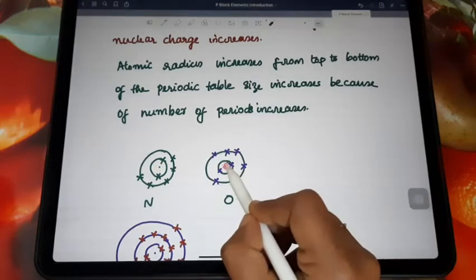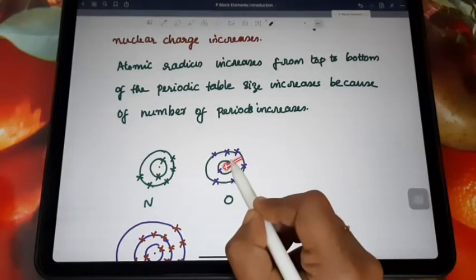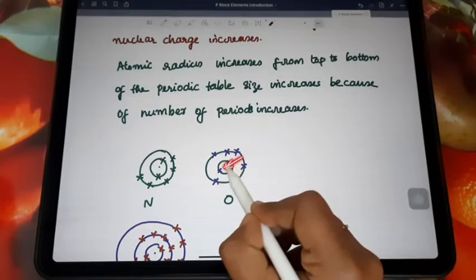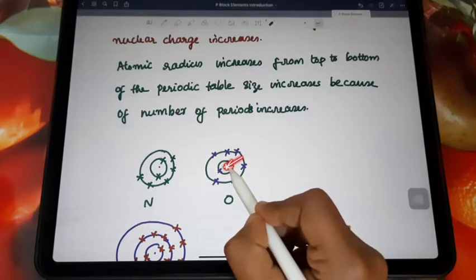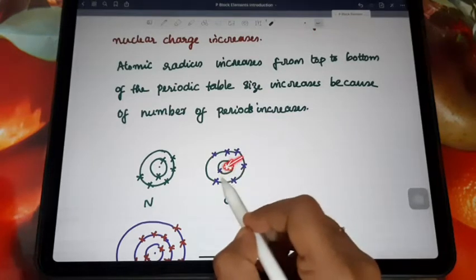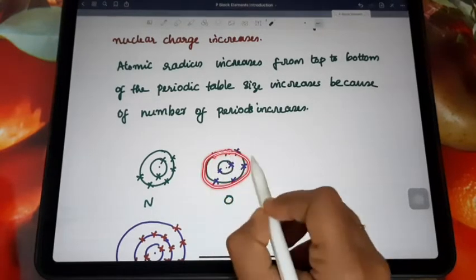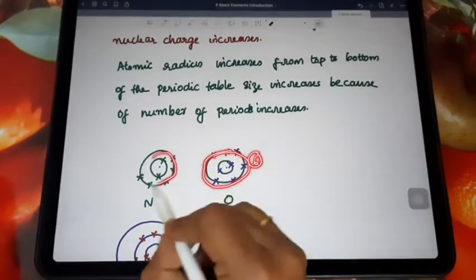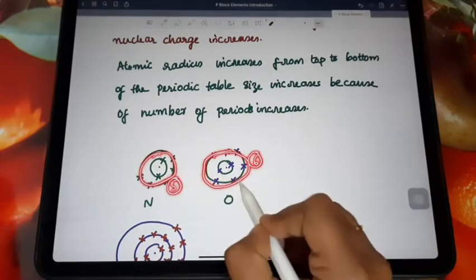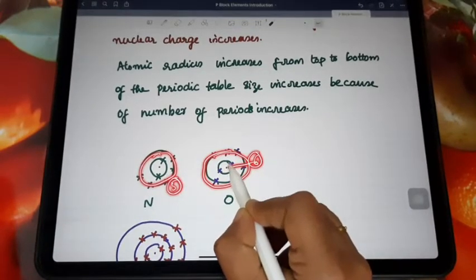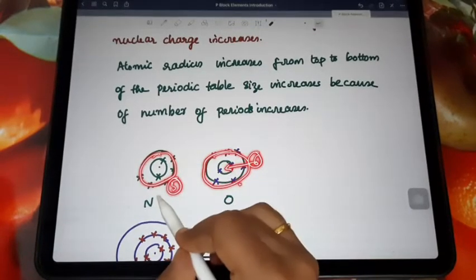Then this positively charged center has more attraction with more electrons. So which one has more attraction? In the outermost shell, it accommodates 6 electrons here and 5 electrons only there. So oxygen is attracted towards the nucleus more compared to nitrogen.